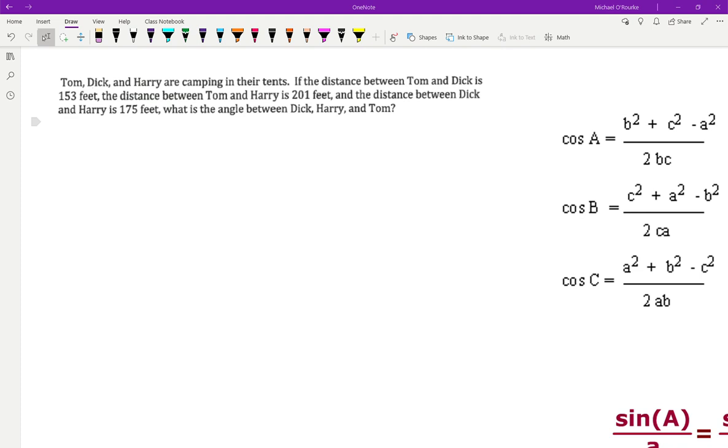So draw that diagram. I'm going to put a Padlet up so you can share it with me real quick.